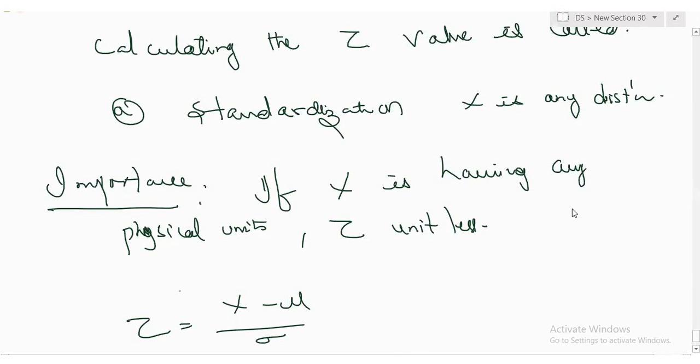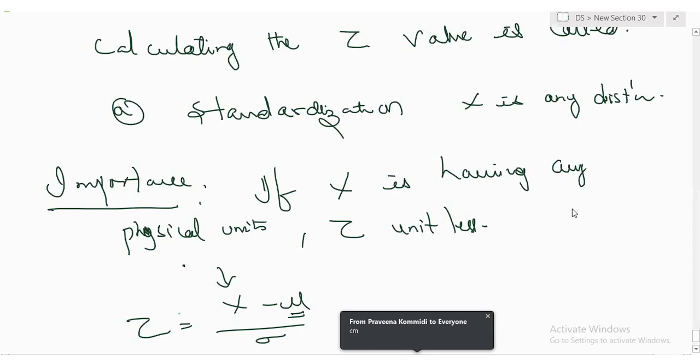So X is in some physical quantity, like maybe in centimeters. I am subtracting from that some other centimeters. What am I going to get? Some quantity which is having what units? Centimeters only. It is not 0 units.